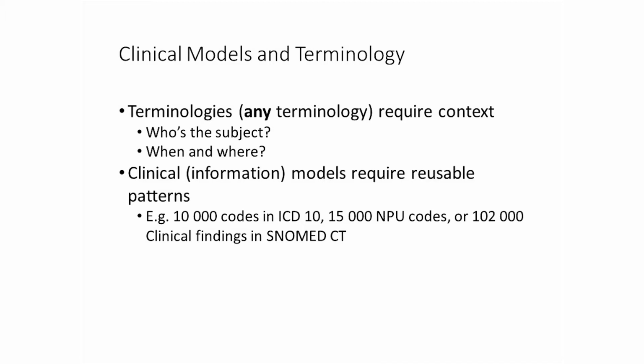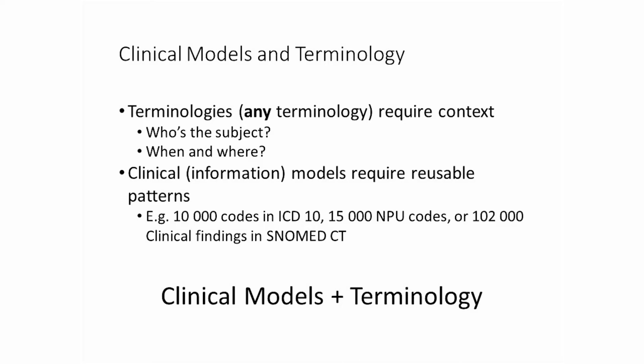Clinical information models, as we've seen, require some kind of reusable patterns, or it would become unmanageable. And one such kind of reusable pattern is things that are typically done by terminologies, where terminologies are quite good, actually. So we have the 10,000 codes in ICD-10 for diagnosis. We have approximately 15,000 NPU codes used in laboratory medicine in, for example, Sweden and Norway.